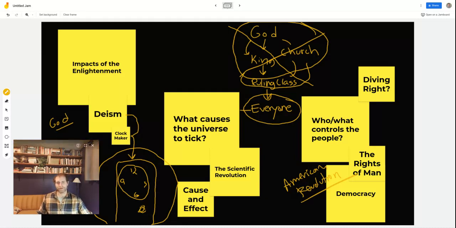And so they started following this deist clockmaker idea that God built the clock, built the world, but he didn't dictate exactly what was supposed to happen, just the rules of the system. And so I asked this question, what causes the universe to tick? And during this time period, because of this deist worldview, cause and effect.